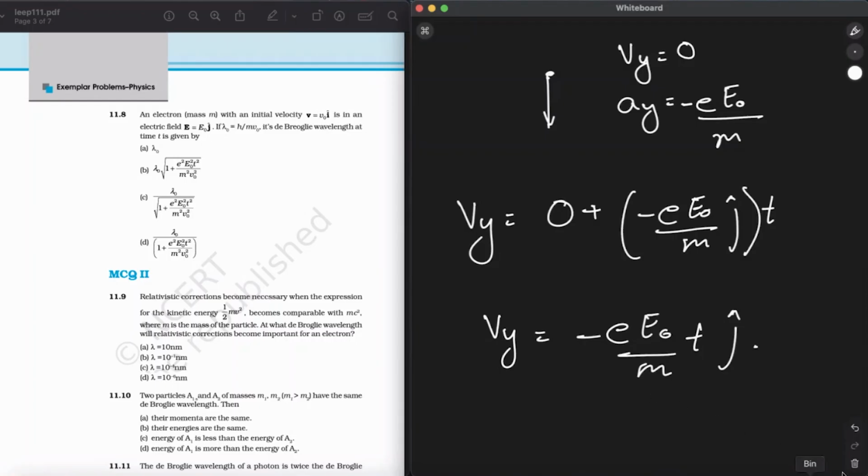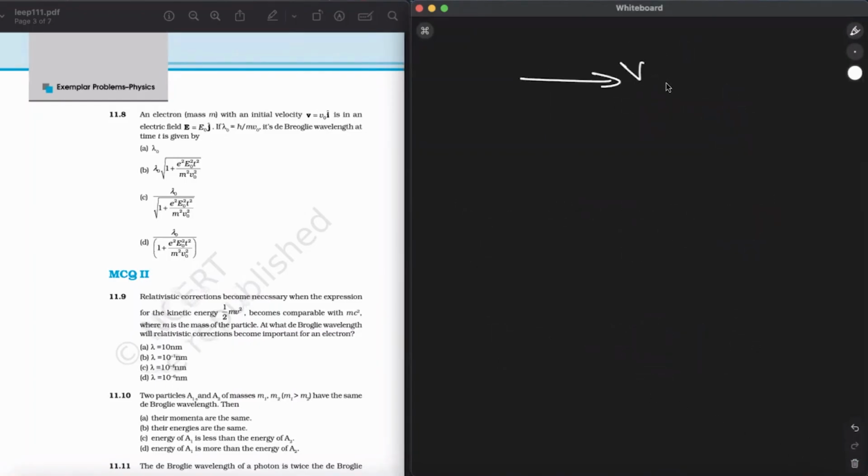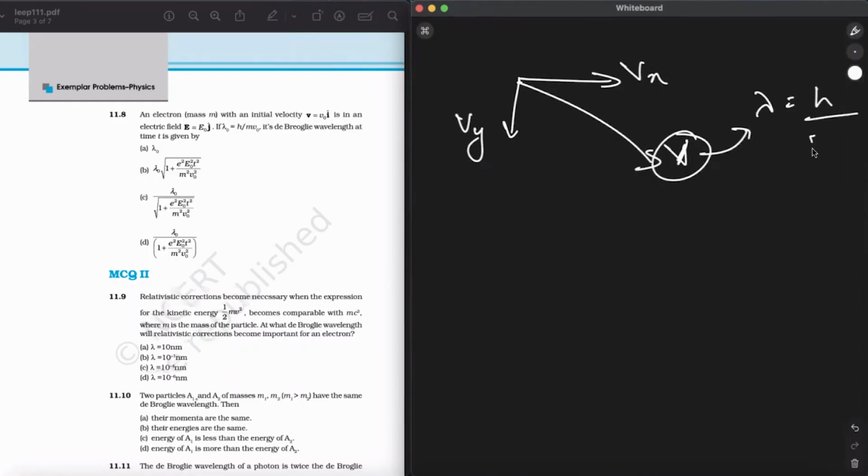Now you have to find the magnitude of velocity, because there is a velocity along x and a velocity along y. These are two components of a velocity which must be going like this. This is the velocity you use here.